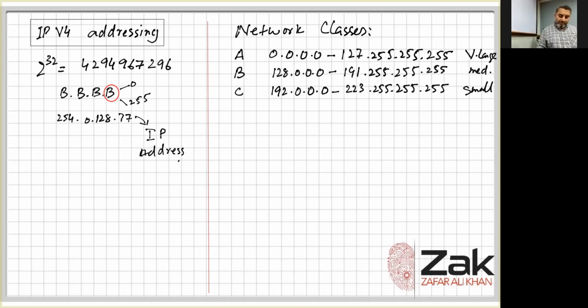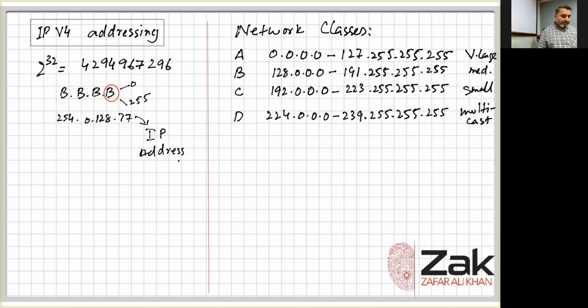And then we have class D, which is starting from 224.0.0.0 till 239.255.255.255, and it is used in multicast networks.